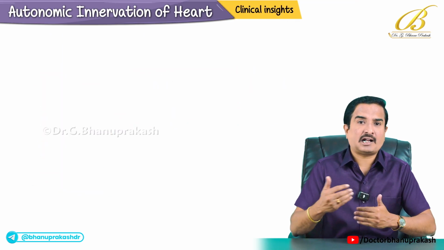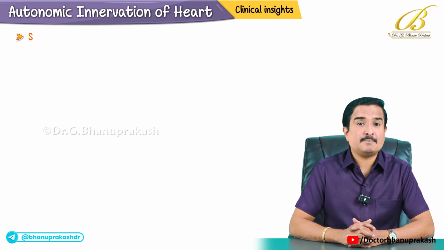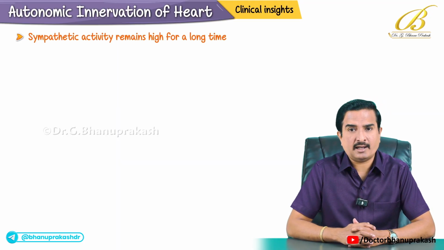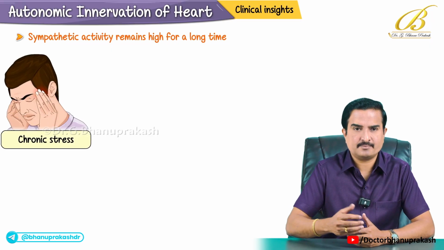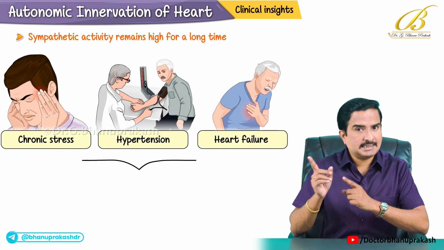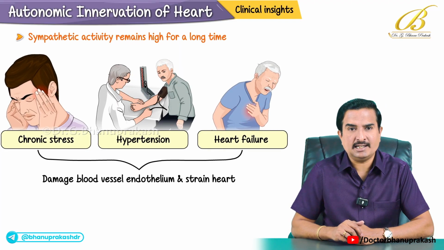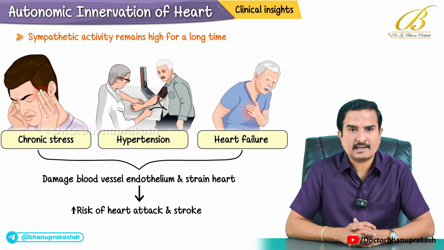Now, when we talk about the clinical link to this innervation, remember guys, when sympathetic activity remains high for a longer period of time, such as in chronic stress, hypertension, or heart failure, this can damage the blood vessel endothelium and strain the heart, eventually raising the risk of heart attack and stroke.